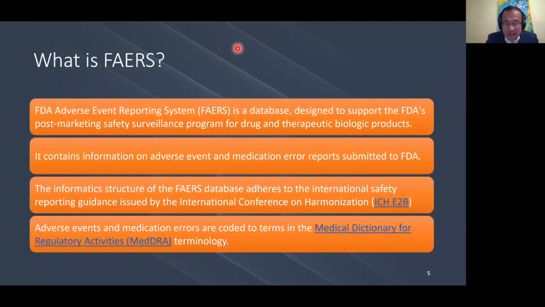The data set we use is from FAERS, the FDA Adverse Event Reporting System. Dr. Wang already gave a brilliant introduction in his talk. Basically, the FAERS database contains information on adverse event and medication error reports from physicians and patients.